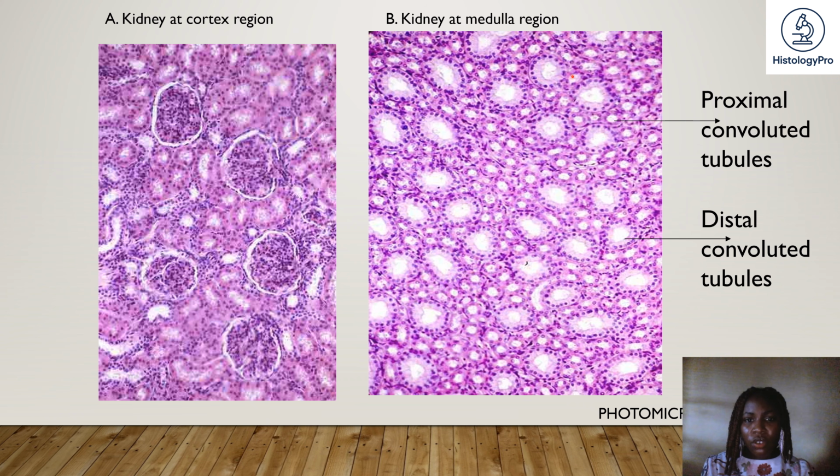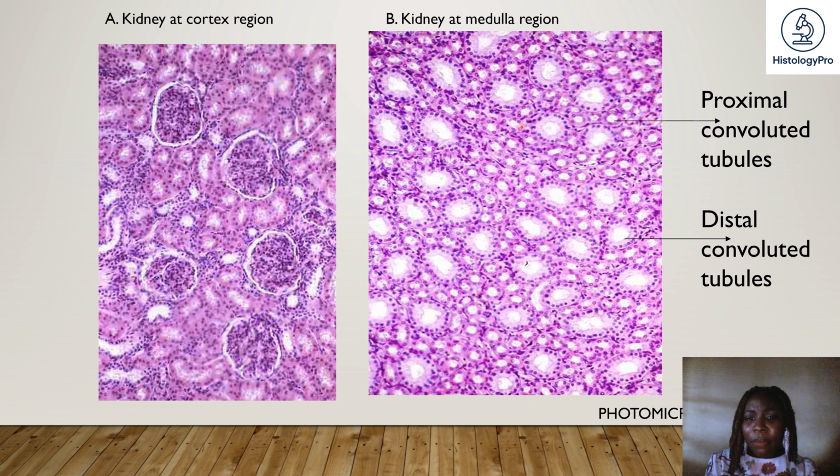Looking at the nuclei of the proximal convoluted tubule, they are round, centrally placed, and appear closely packed together compared to the distal tubules. As I've said, the cells of the proximal convoluted tubules often possess microvilli at the brush border. Their purpose is to increase surface area for the absorption of water, ions, glucose, and other substances.